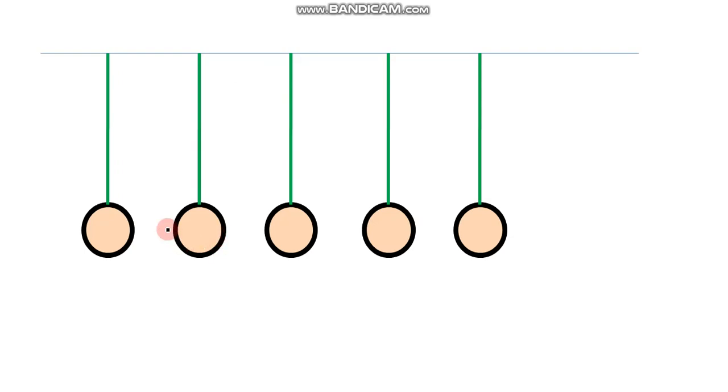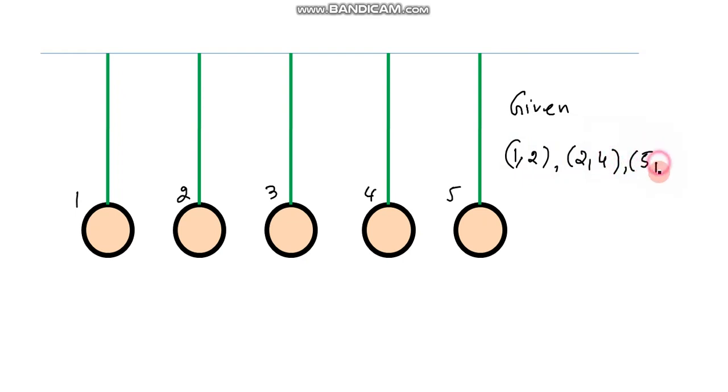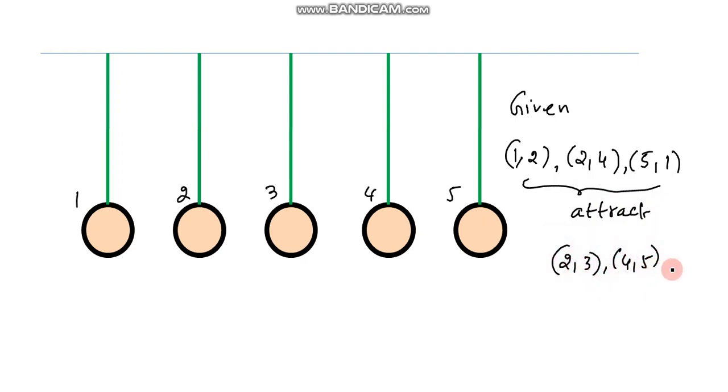Just look at this. Here there are 5 balls: first one, second one, 3, 4 and 5. Given that the pairs 1-2, 2-4 and 5-1 attract each other, and the pairs 2-3 and 4-5 repel each other.